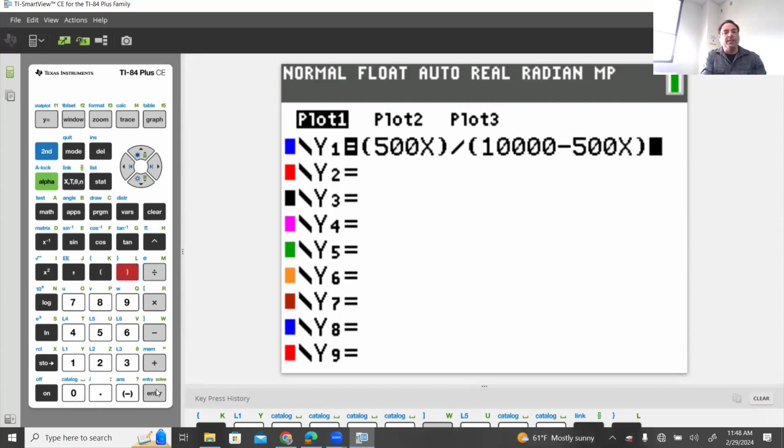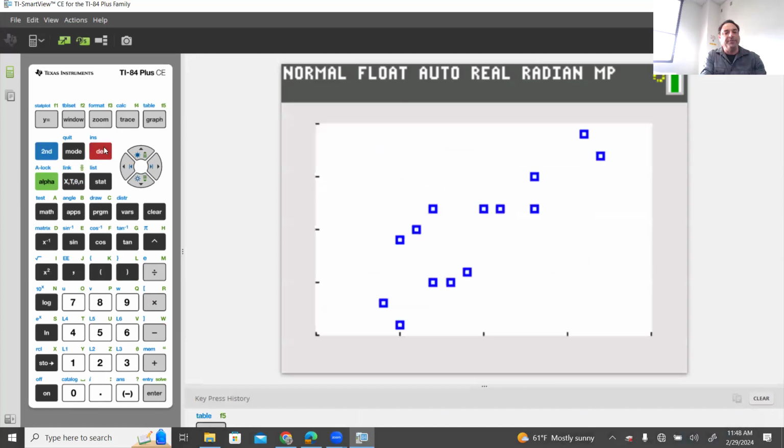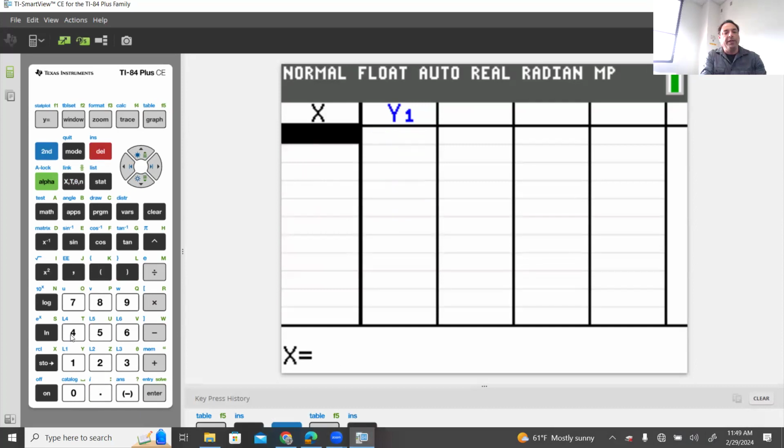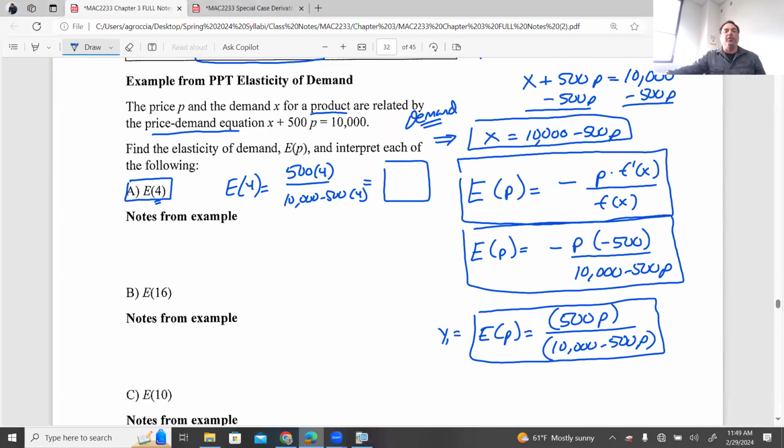Then when I go to the table feature, second graph, remember, be careful that you can type stuff in. Oops, second graph. Delete, delete, delete, delete. When you plug in 4, you should get 0.25. So make sure you typed it in correctly. You get 1/4, which is 0.25.